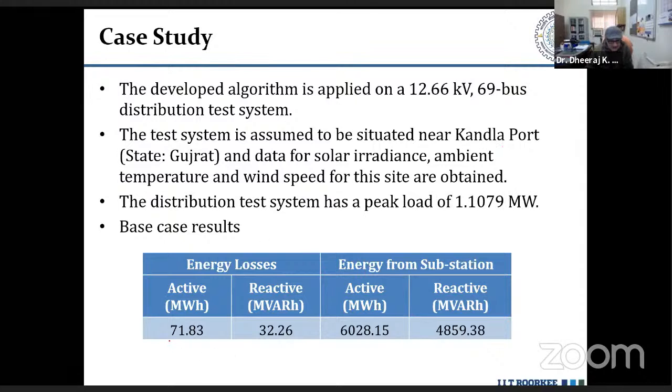This is the total energy losses in a year considering the variation in load. This is reactive power, and this is the power from the substation over the year. These are basically energy values, not power values. So megawatt hour, megawatt.